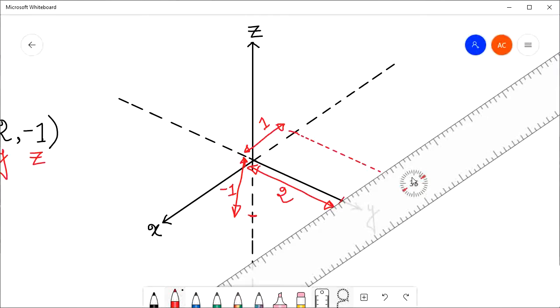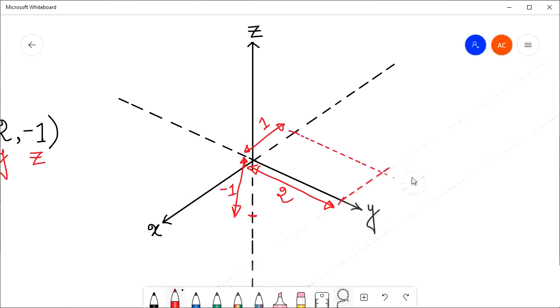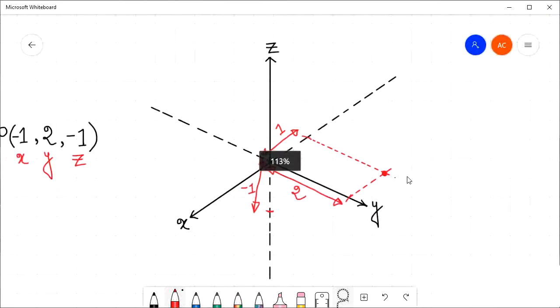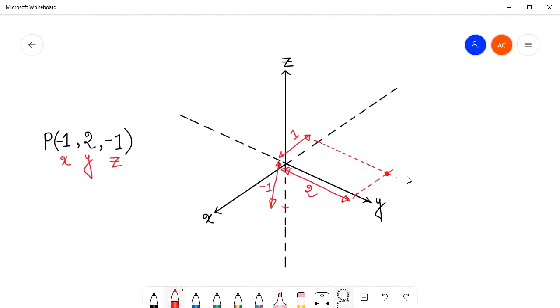So now draw a line that will be parallel to x-axis. Where these two lines intersect is the projection of our intended point, right? So this is the projection. The projection point should be -1, then 2, but no height, so that is 0.